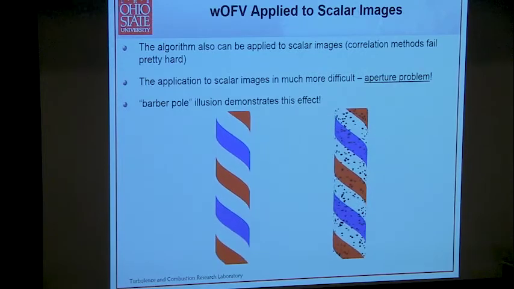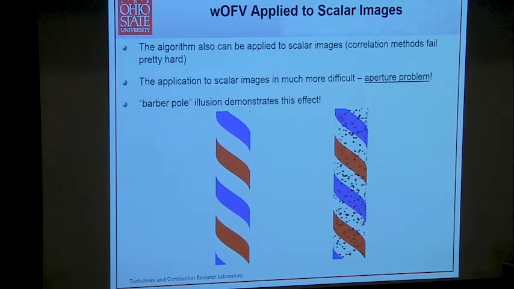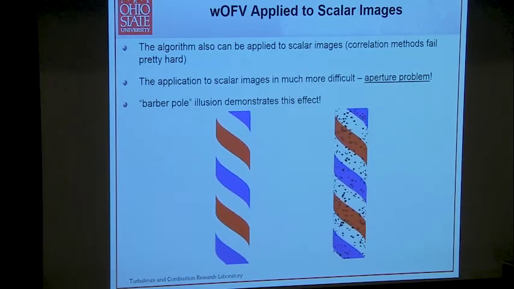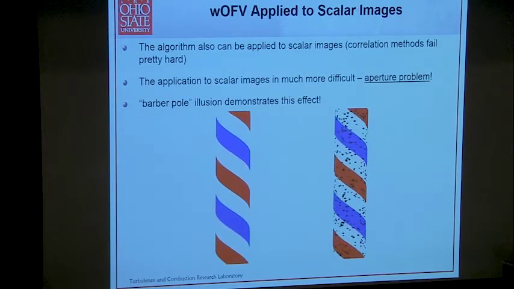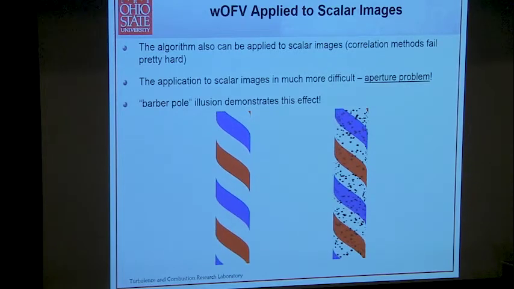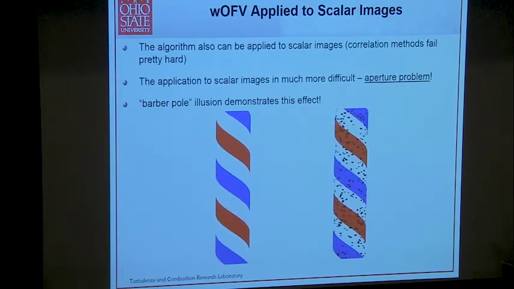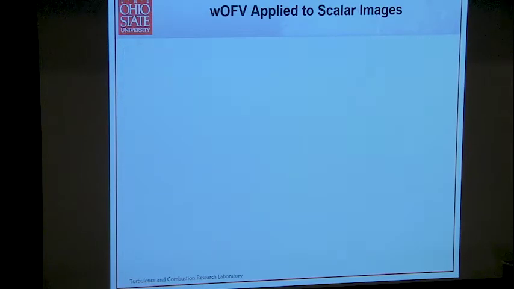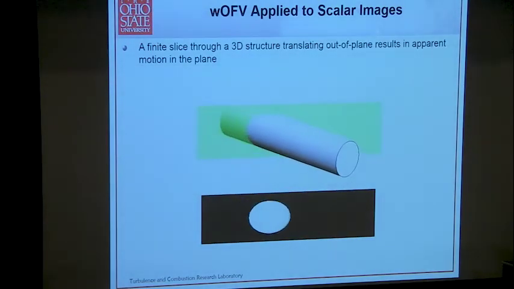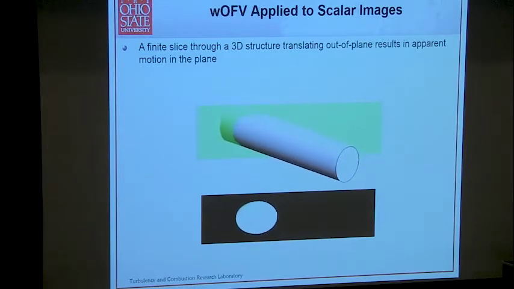Believe it or not, your brain is doing a slight minimization problem right now. Because you have stereo vision, you're trying to figure out which way this is moving, and we need a little bit of help. But once we put particles on it, we do a much better job. So again, scalar imaging is going to have a much more difficult time.